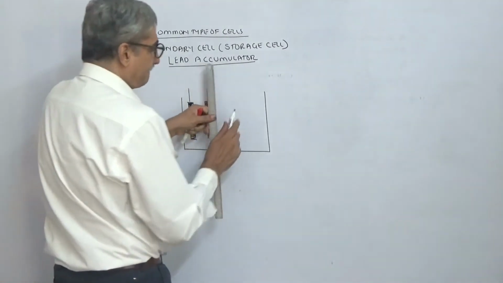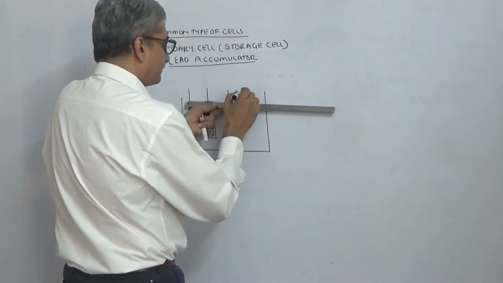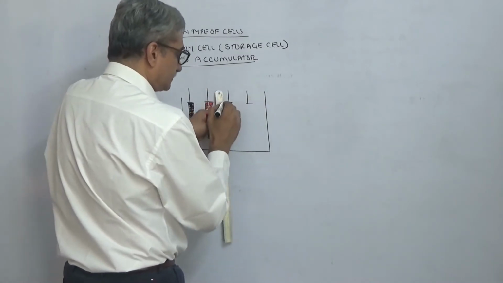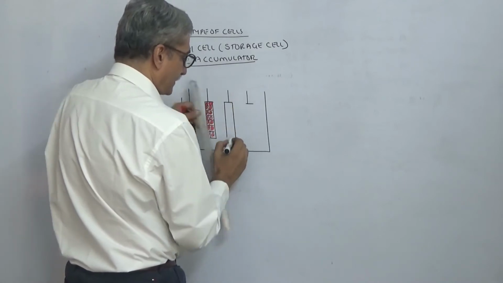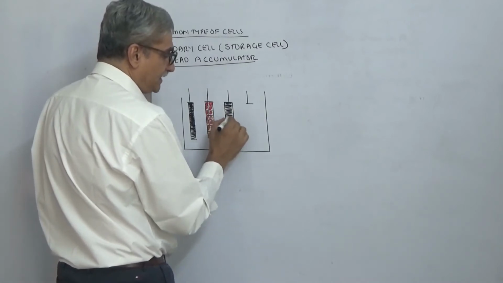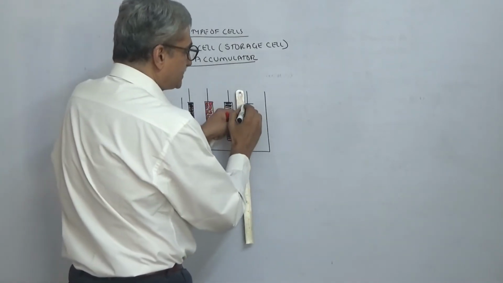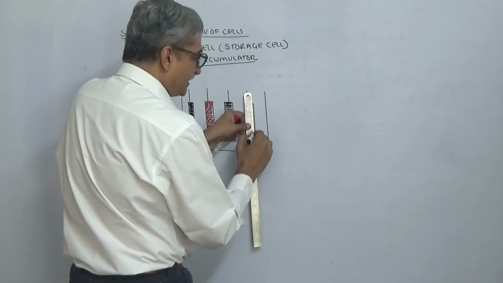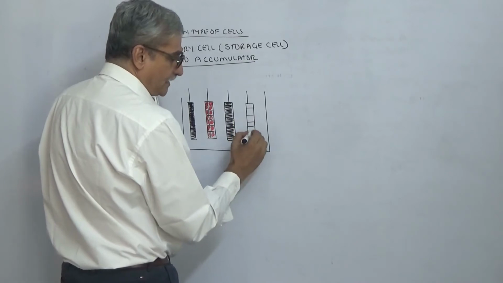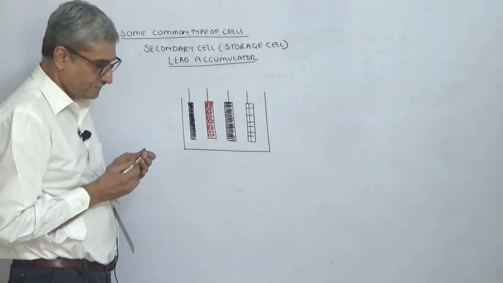Now what happens? We have one more plate. So once again, this is lead. Then this is a lead mesh, and inside the mesh we fill lead oxide, PbO.